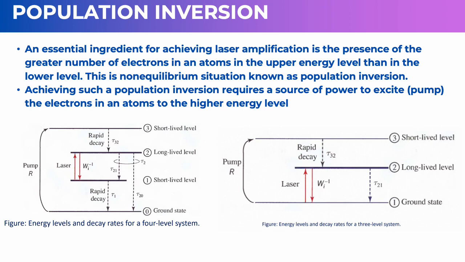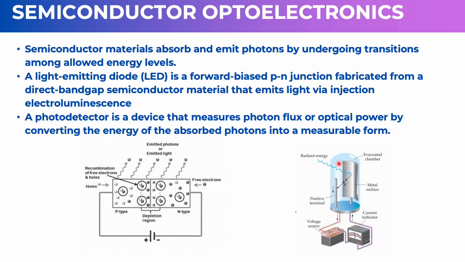Now we will look at some semiconductor optoelectronics. Semiconductor materials usually absorb and emit photons by undergoing transitions among allowed levels. Two important devices to know about are an LED and a photodetector.